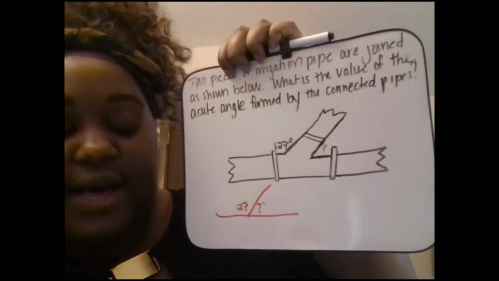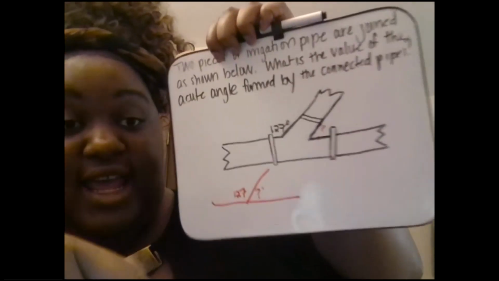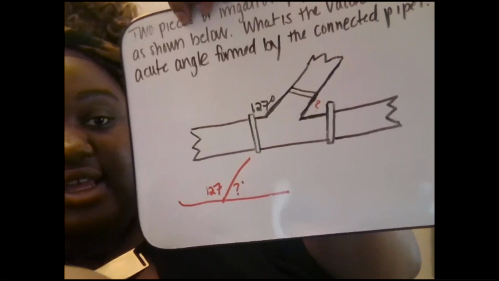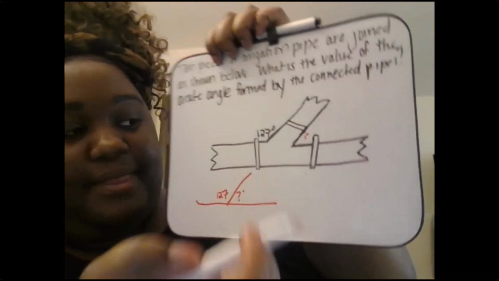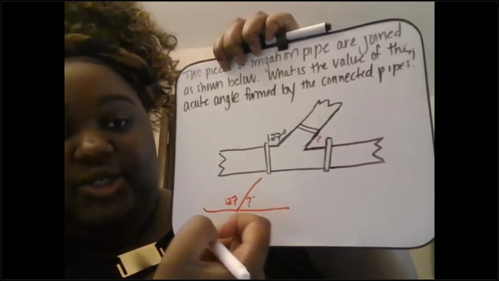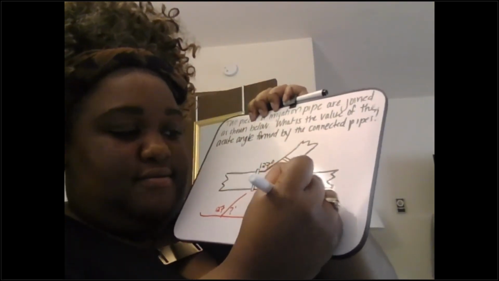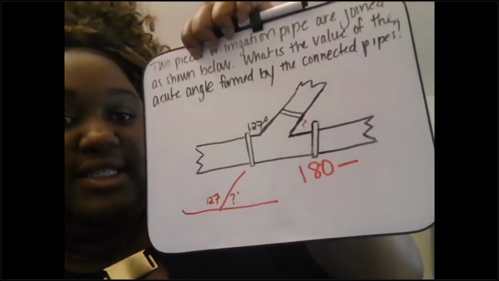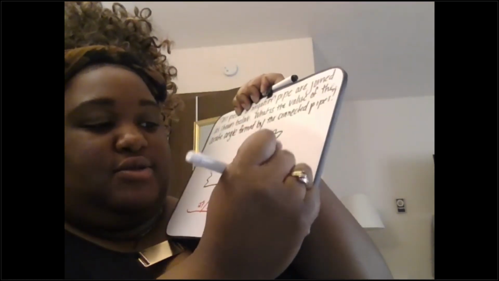Is it a right angle, is it 90 degrees? Is it a straight angle, is it 180? Looking at that, you can see that it's 180 degrees because I have my straight line here. So I would do 180 minus the angle they gave me, which is 127.